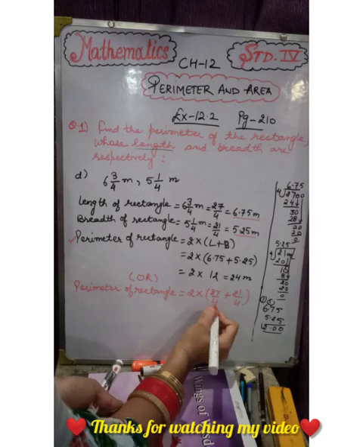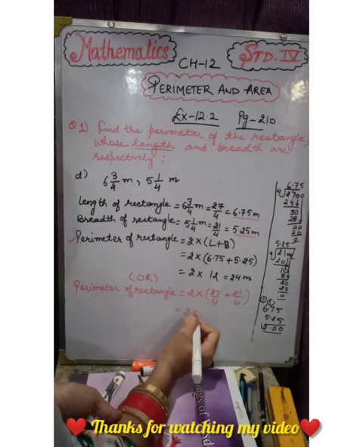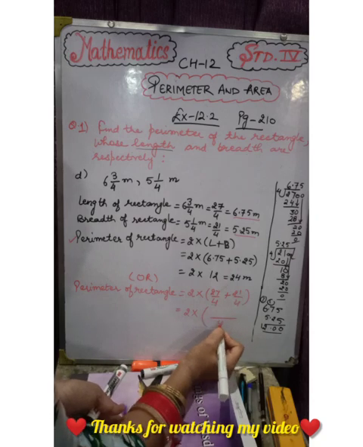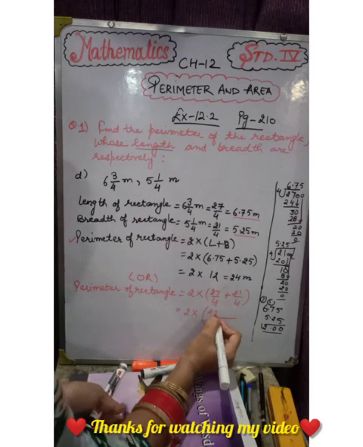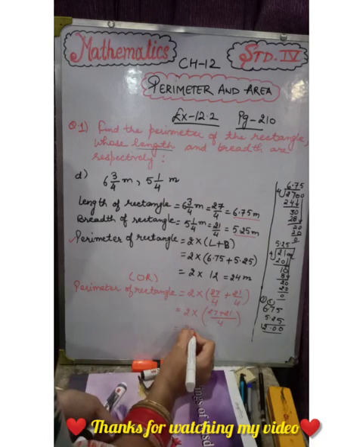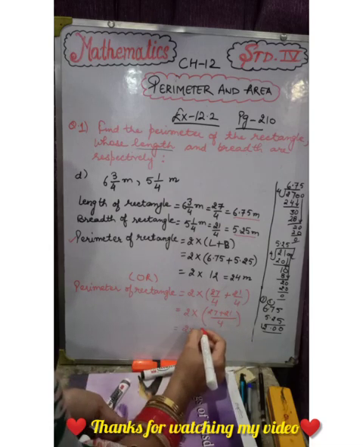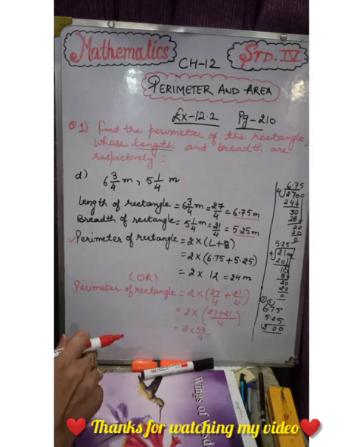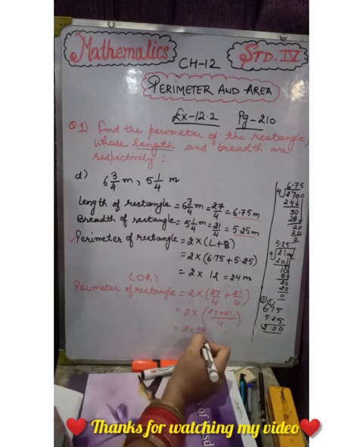In this sum, denominators are same, so take LCM. Numerators will be added. 7 plus 1, 8, 2 plus 2, 4, divided by 4. 48 divided by 4 is, you can count, 4 1s are 4, 4 2s are 8.